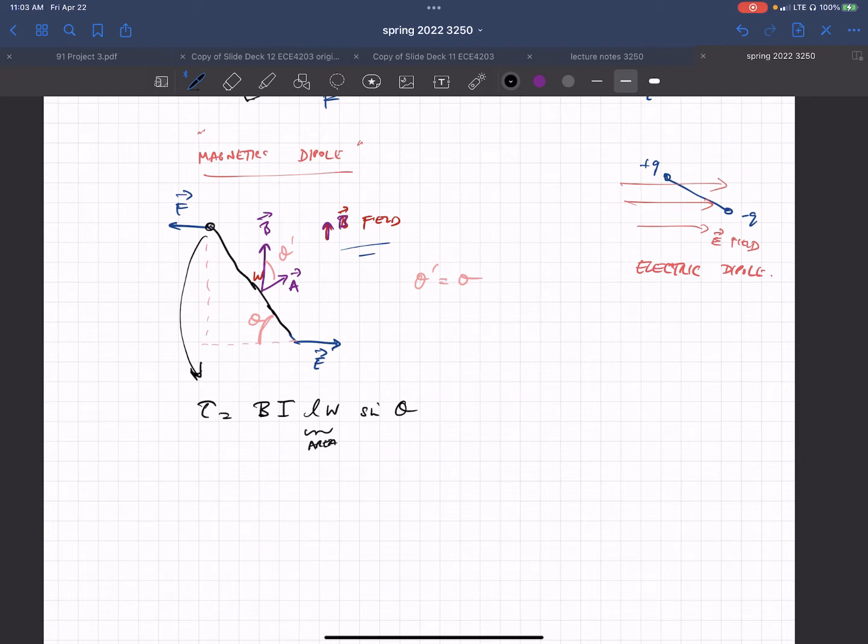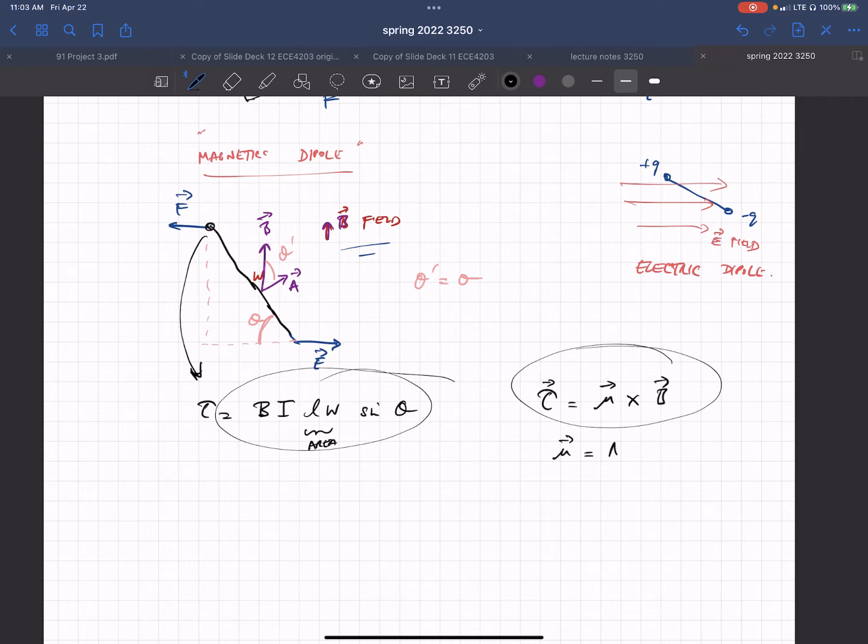And remember that the other equation for torque is tau equals something cross the B, okay? So in this case, if you want to compare this equation and this equation, the mu is going to be the area, because this is the area, times I. Okay, so this guy is going to be this mu.